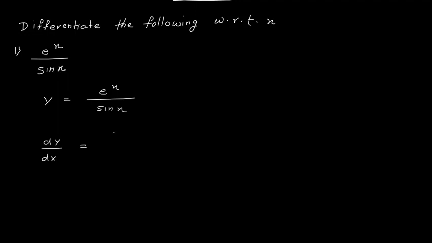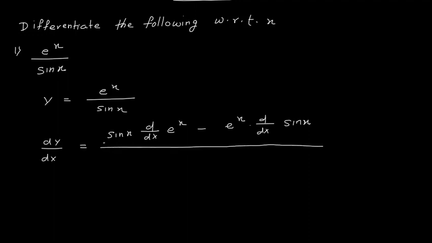So first I will write denominator, that is v, into derivative of u, minus u, that is numerator, into derivative of denominator, that is v, right? You remember the formula: u upon v whole divided by v square, that is sin square x.